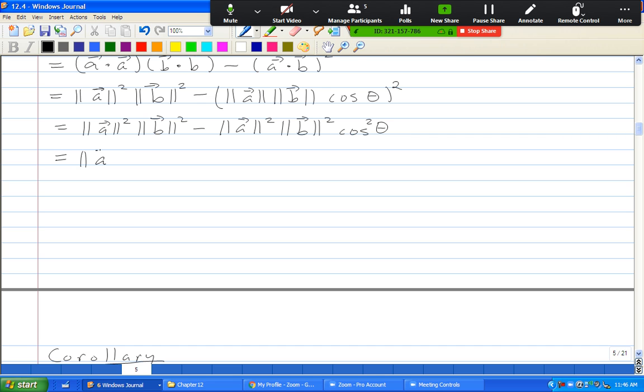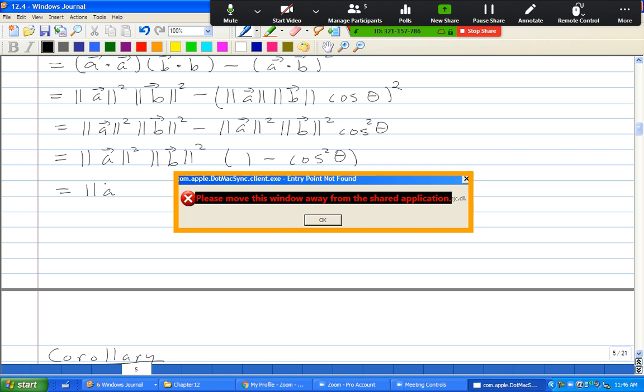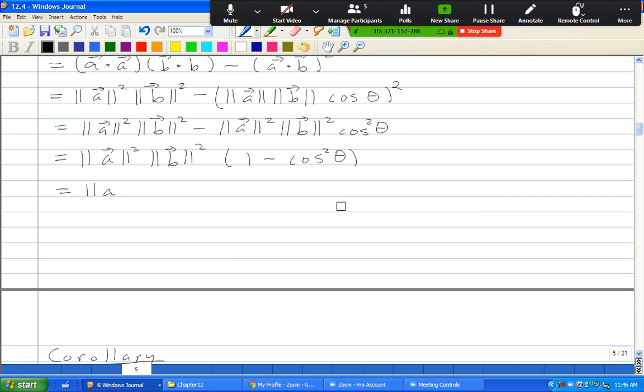I can factor out the norm of A squared, the norm of B squared. And what I get is 1 minus cosine squared theta. And so this is just the norm of A squared times the norm of B squared.